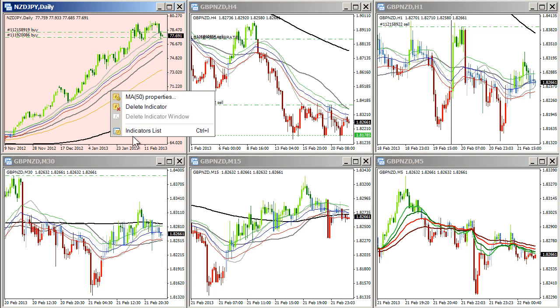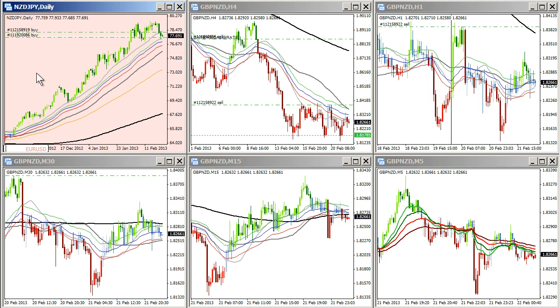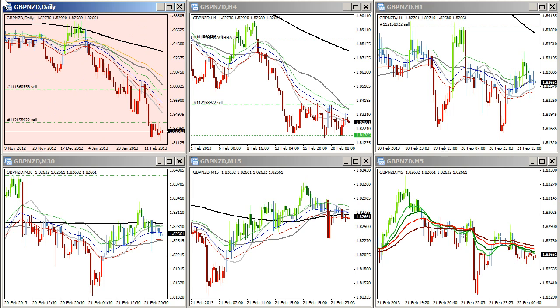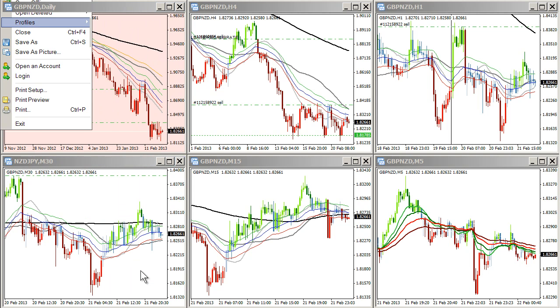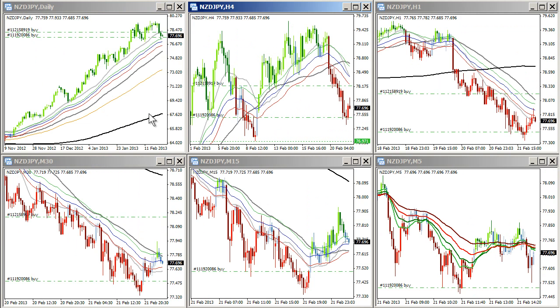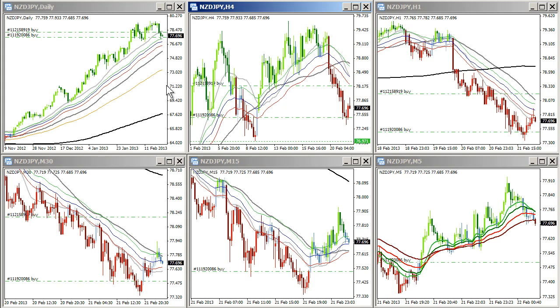This is very much an uptrend. In fact, let's go ahead to my profile of the Kiwi yen. Okay, so one, I have an uptrend here, for sure. Two, I'd rather position myself long. No question about it.